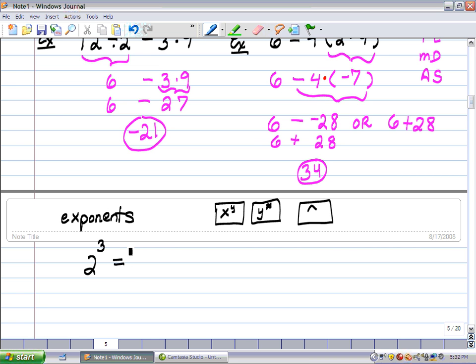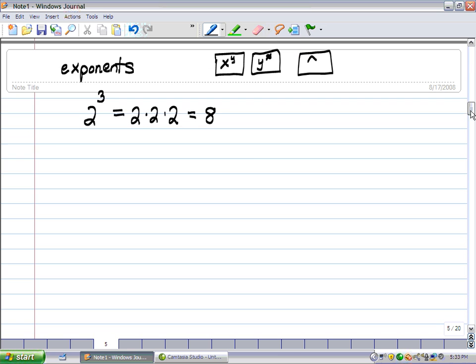2 to the 3 means that 2 is going to get multiplied 3 times. So that's 2 times 2, which is 4, times 2, which is 8. Okay. What about 3 to the 2? That means 3 times 3, which is 9.